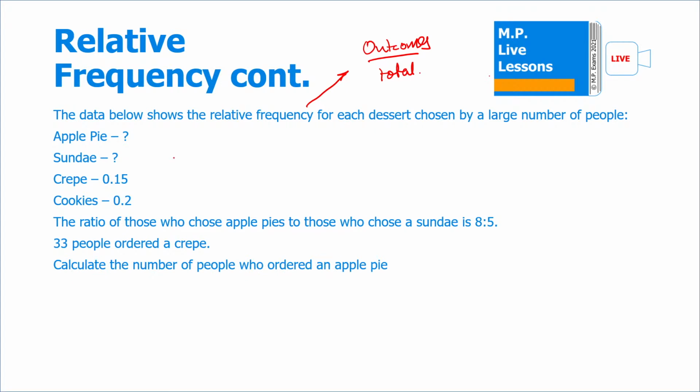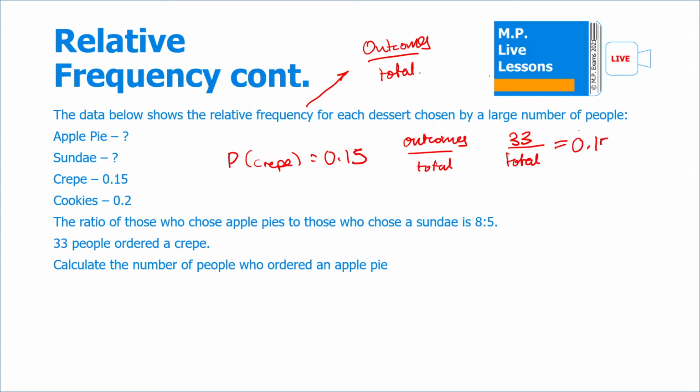Right, so the probability of ordering a crepe was 0.15. This would be the number of outcomes divided by the total. The number of outcomes is 33 people ordering it, divided by the total, is equal to 0.15.